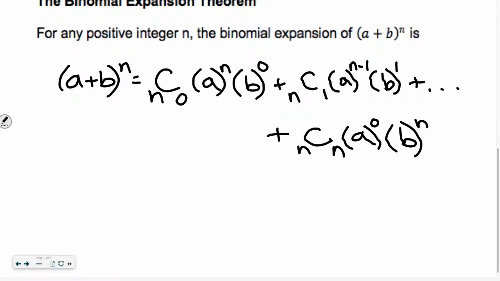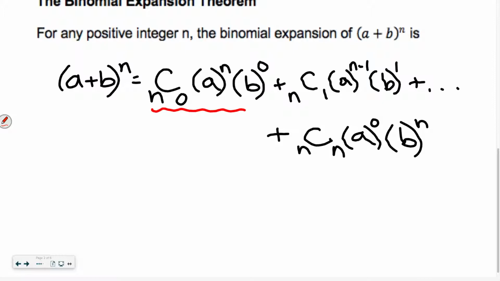Now, in terms of using binomial expansion, I'll say this. I know how to start. I know that I start with n choose 0. My first term has to have the highest exponent. My second term has to have the lowest exponent. Notice the number that you're choosing and your exponent on the b is always the same.